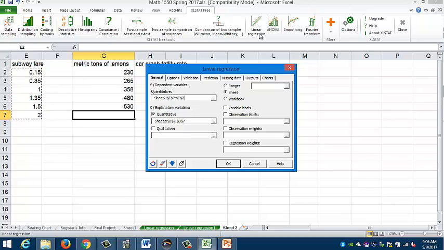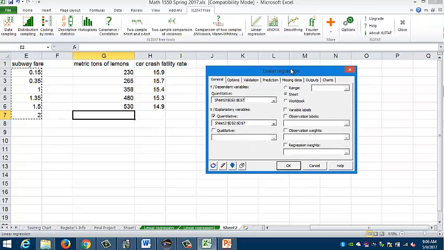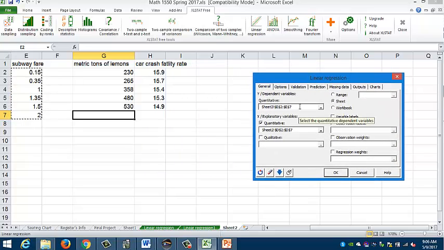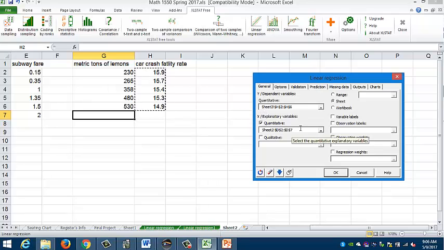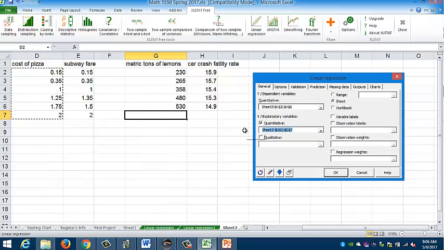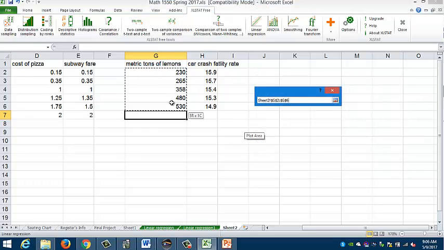Okay, it says, where is your data coming from this time? I guess this time my Y values I want to be the car crash fatality rate, and the X values I'm going to make metric tons of lemons.